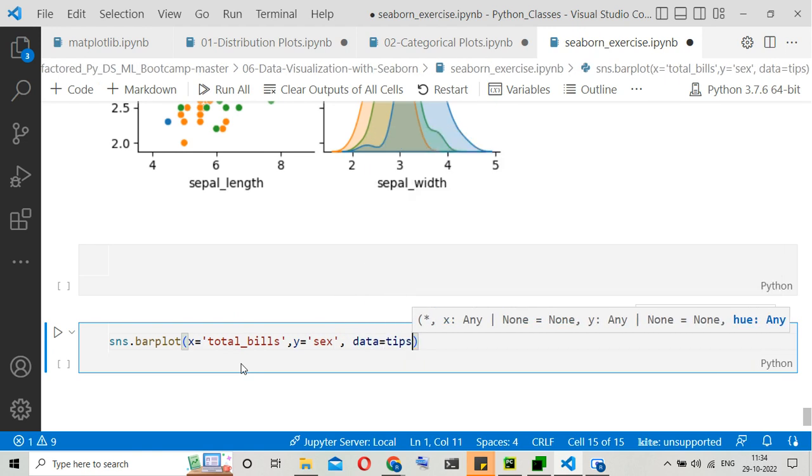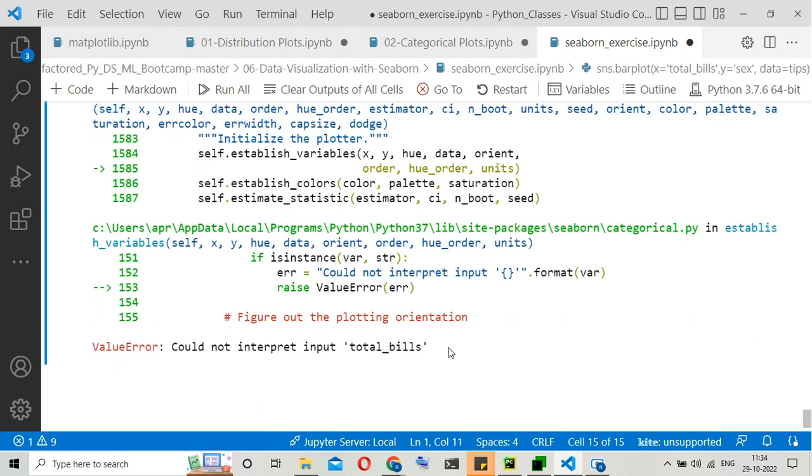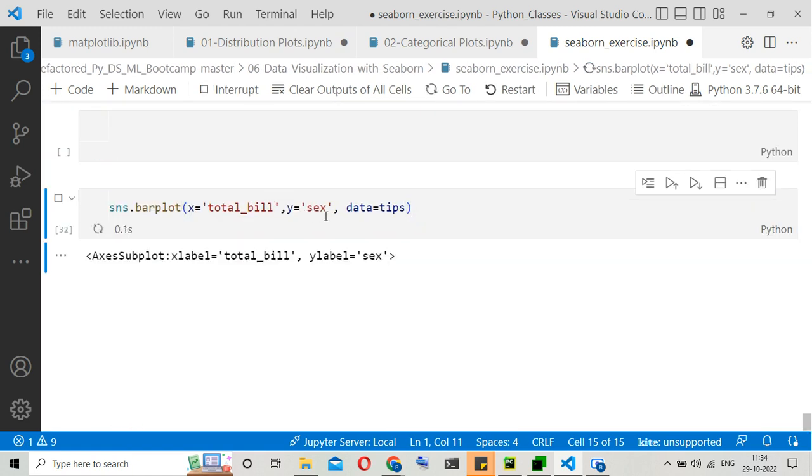So x and y you are giving column names, and for data you are passing the entire data. Let's see, is it working? Not working? Could not interpret. Okay, total bill maybe, not bills.